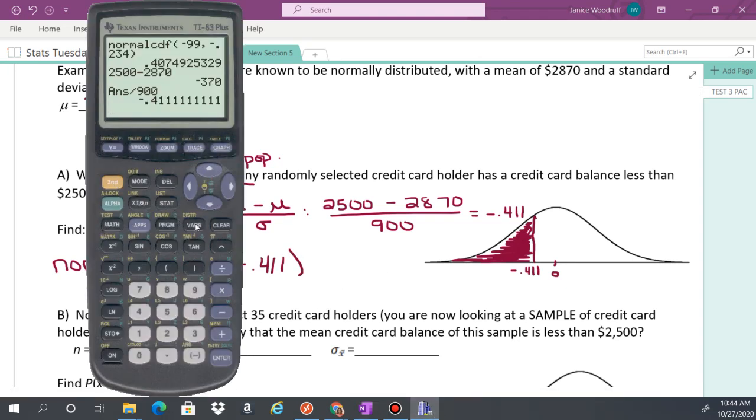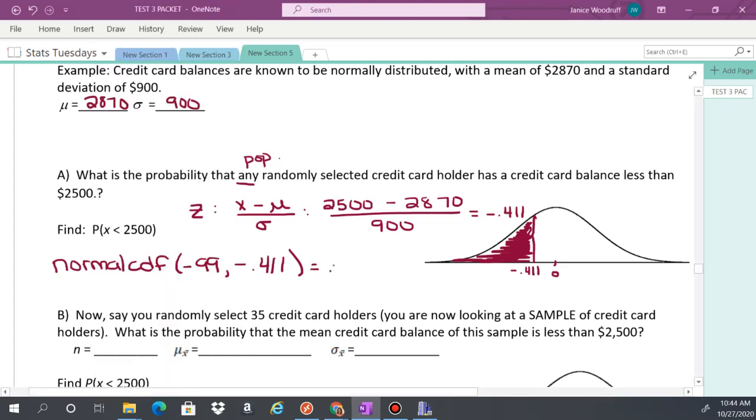So second, VARS, normal CDF, negative 99, negative 0.411. And that's going to give us 0.3405, would round up to 1 there, so 0.341. So this area right here under the curve, that's about 34% of the curve that we're covering here, so 0.341.